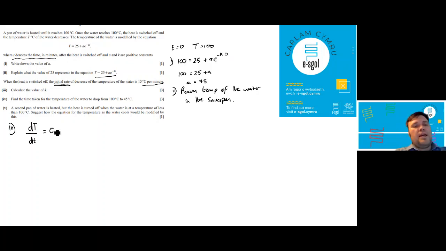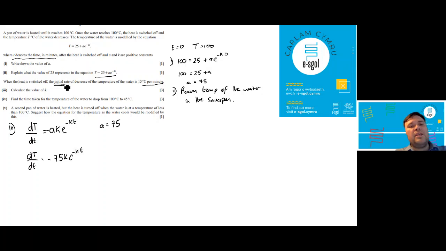So we'll have A times minus k, and then e to the minus kt. But we already know what A is, we want to work out what k is. So if we put A is equal to 75 in, we have our rate of change as minus 75k e to the minus kt.